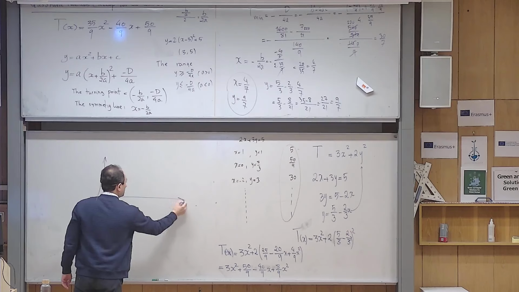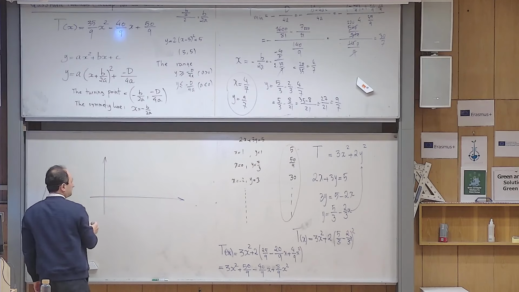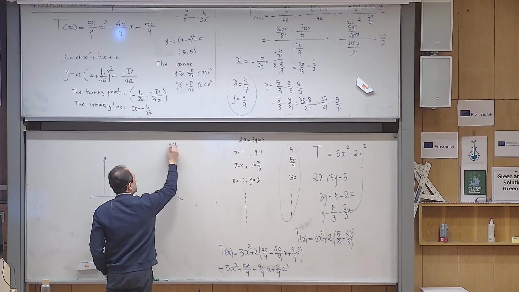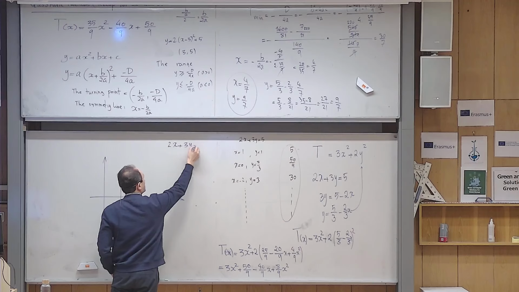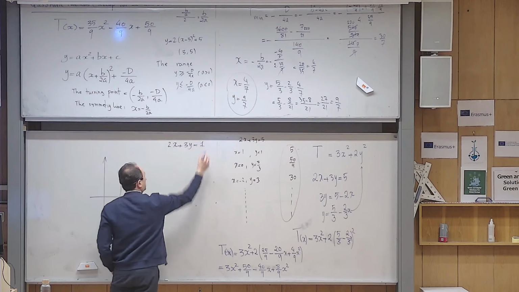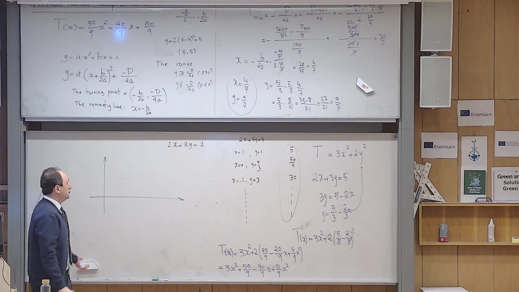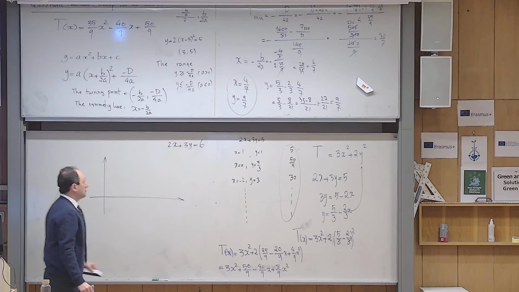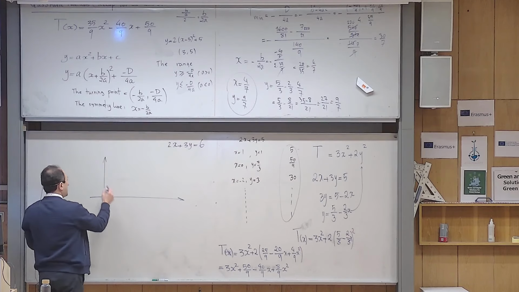So I will draw a straight line here. Consider this line: 2x plus 3y equals 6. If you draw this line, it might be something like this.